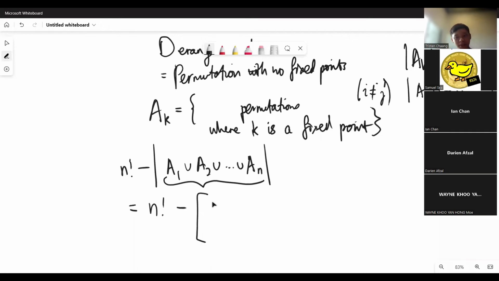So by PIE, first of all, you're adding the cardinality of A1 plus the cardinality of A2 plus the cardinality of A3 and so on. But they are all n minus 1 factorial, right? So it's just n times n minus 1 factorial.